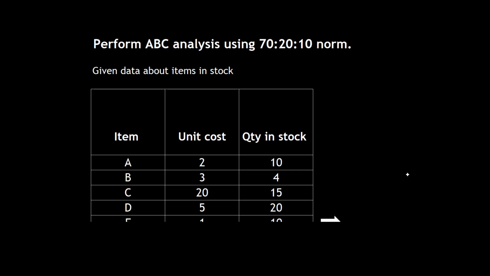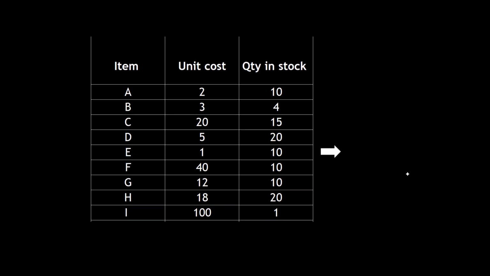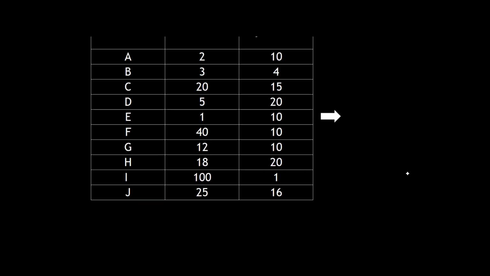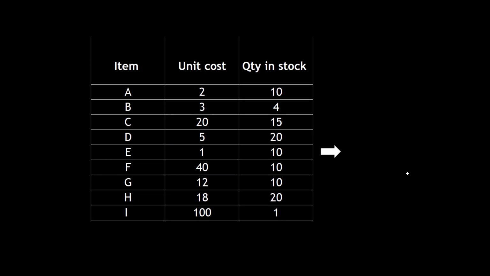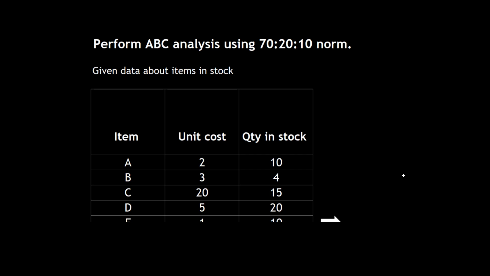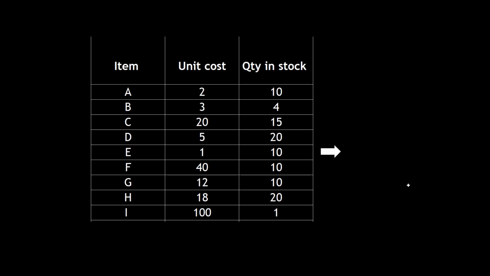Here we have been asked to perform ABC analysis, and these are the items A to J, and the information is given about their unit cost and the quantity in stock. They are asking us to do a 70-20-10 ABC analysis. So how to go about this?